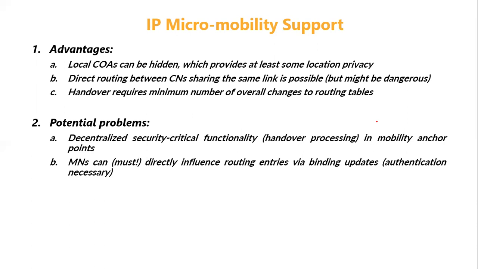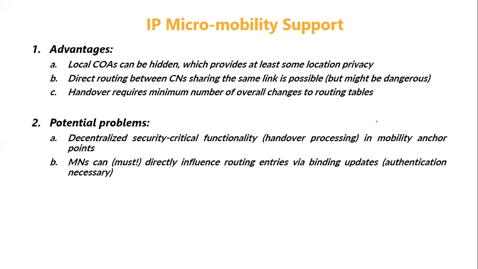The first problem is decentralized security. The security is not centralized; it becomes decentralized. A critical functionality in the mobility anchor point, for example, handover processing, is done by the mobility anchor point. So HA is not doing that.